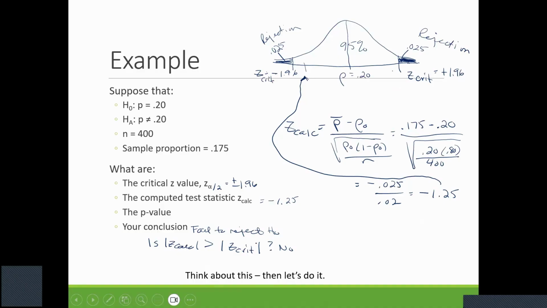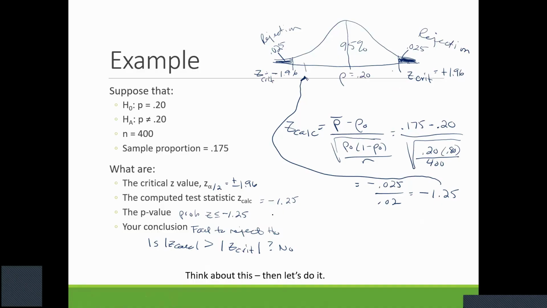Now, we can also calculate the probability of finding something that far out with the p-value, and this is the probability of a z less than or equal to, in this case, negative 1.25. If this was a positive 1.25, we'd want the right-hand tail probability, so it would be the probability of z being greater than or equal to that number, but because we got a negative, it's negative that.